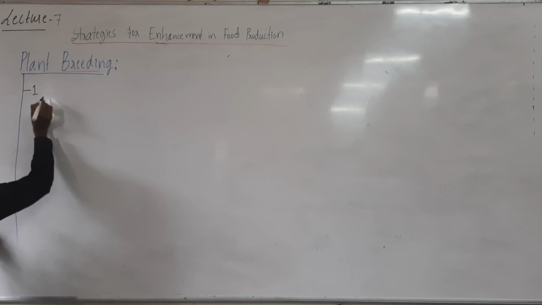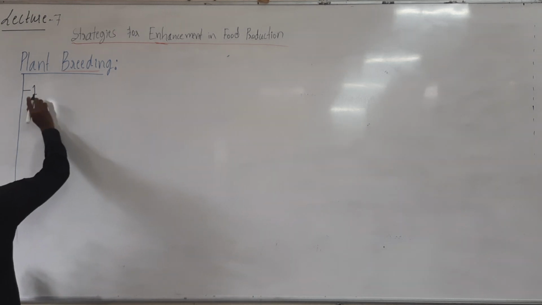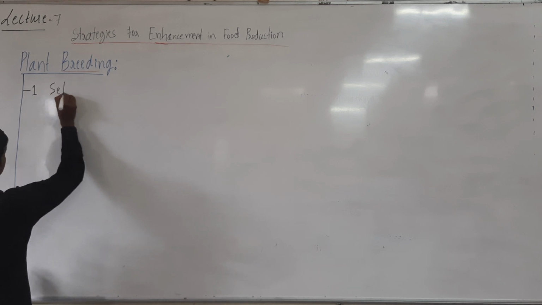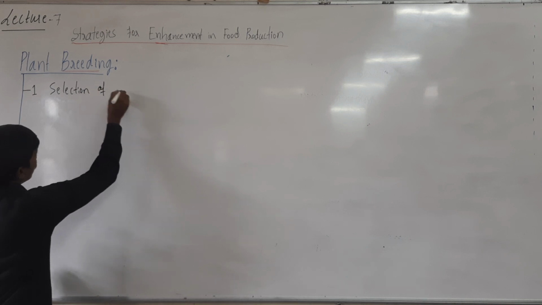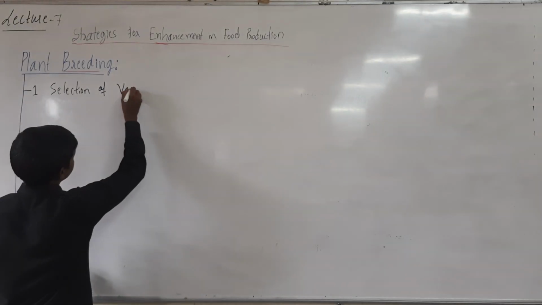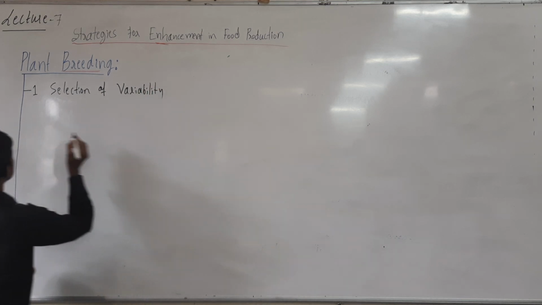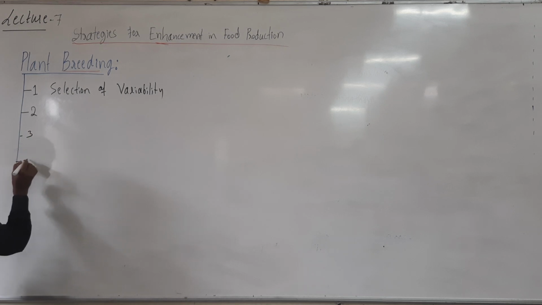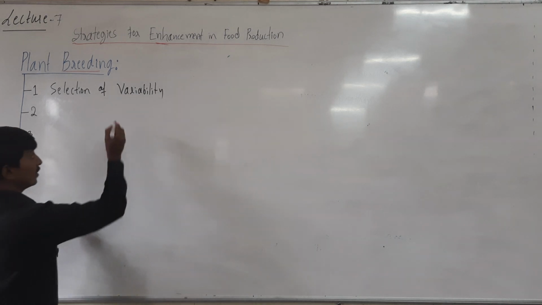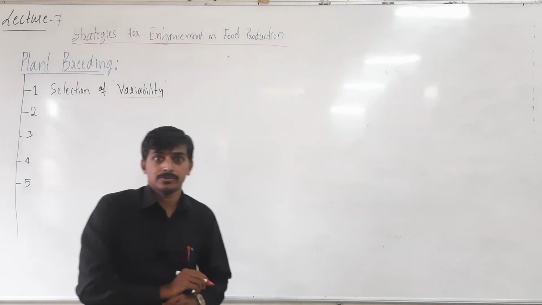First step, that is selection of the parents, or the selection of variability. What is variability here? Differences in the characters.